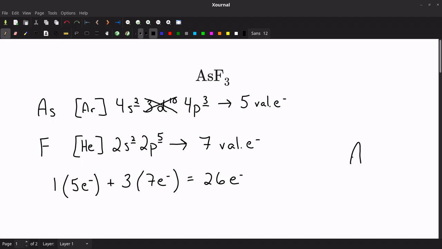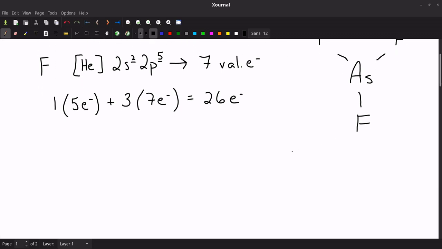We're going to place arsenic in the center, and I need to attach that to 3 fluorines, so I'm going to draw a little spoked wheel around that arsenic with the fluorines.